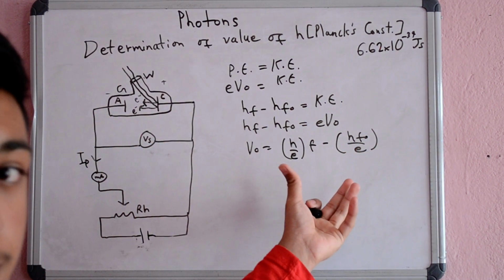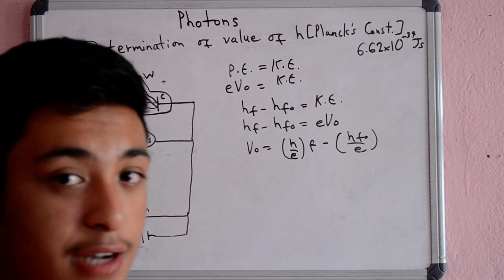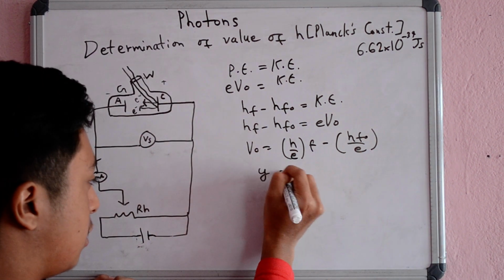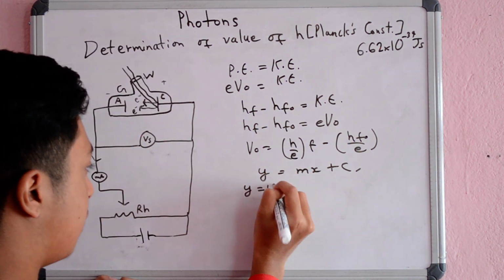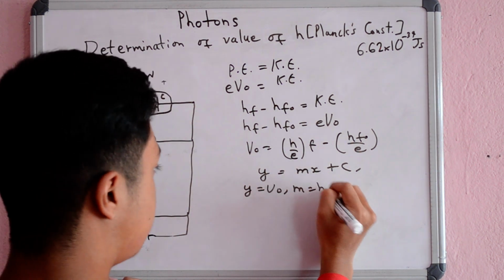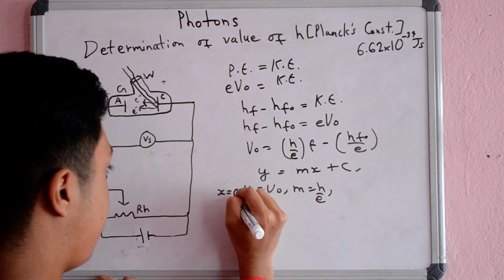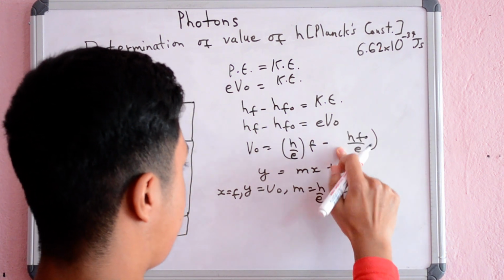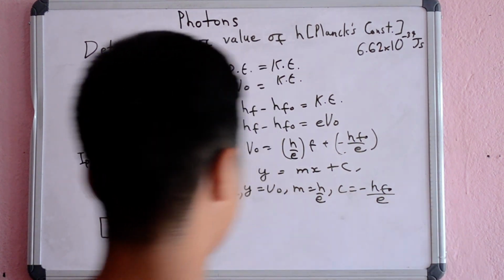Now this is a mathematical representation of a graph of a linear slope, which is y equals mx plus c, where y is equal to V naught, m is equal to h by e, x is equal to f, and c is equal to minus hf naught by e.